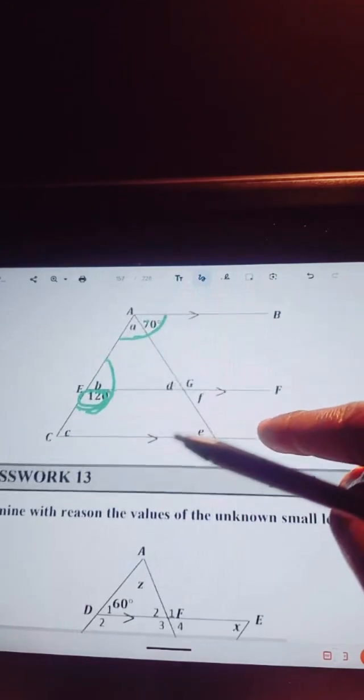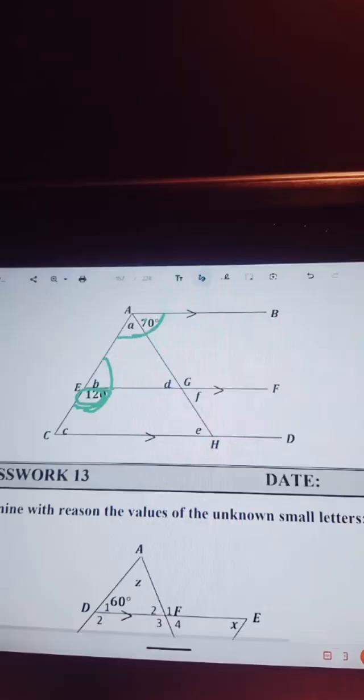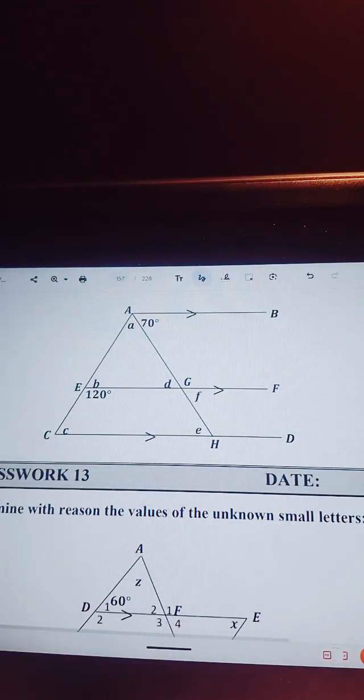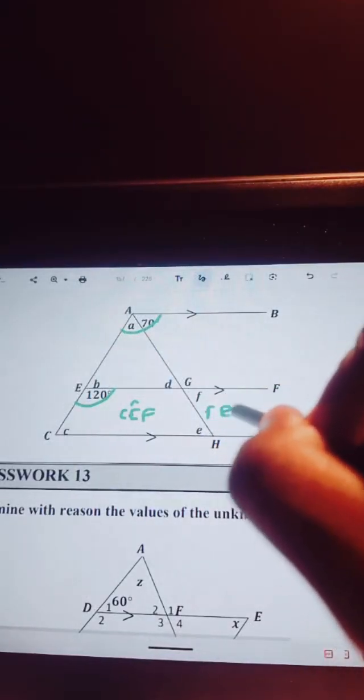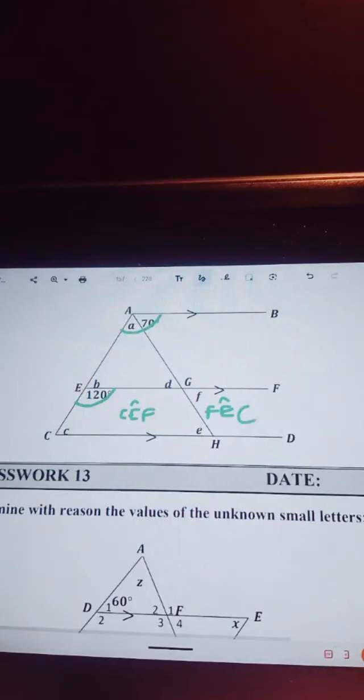Angle A is equal to angle E. Guys, be very careful. If you say angle A is equal to angle E, you need to specify which angle you are talking about, because this angle here is either CEF or FEC.